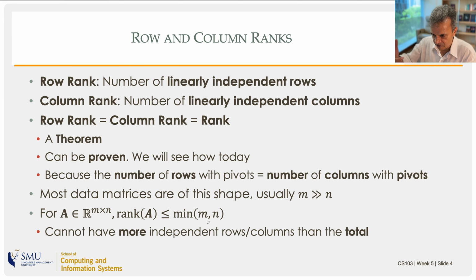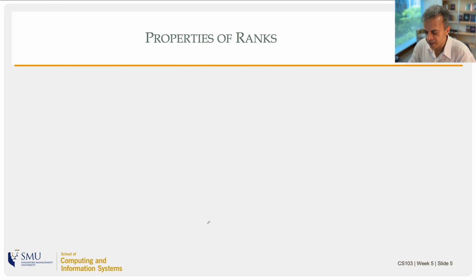So the number of pivots that you can have cannot be more than the number of rows, or to put it even more simply, you cannot have more linearly independent rows than the total number of rows that you have. Similarly, you cannot have more linearly independent columns than the number of columns that you have. So the rank of a matrix is at most the minimum of the number of rows or the number of columns.